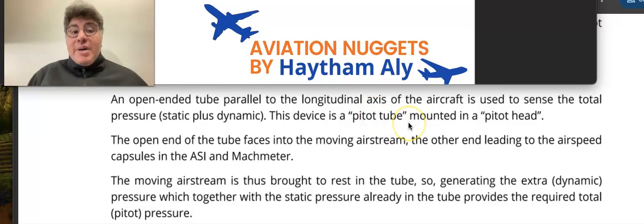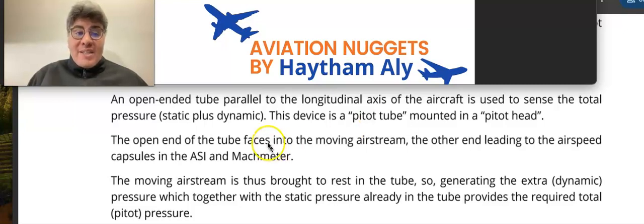Does a drain hole need to be installed on the Pitot tube? Yes, to drain water from it. This is to prevent water accumulation and ice accumulation and prevent Pitot tube blockage.